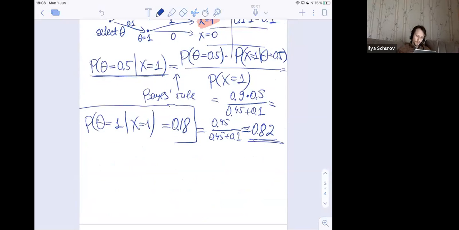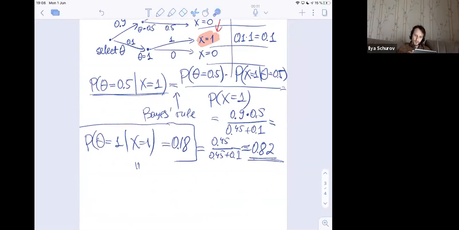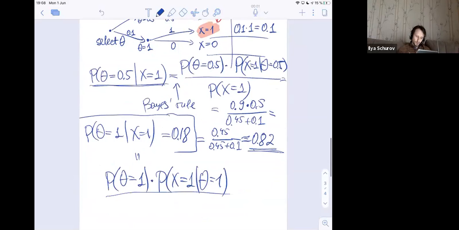I just have to replace this and this value. This is the probability that theta equals 1, the prior probability, times the probability to get our data provided that the parameter equals this value, divided by the probability that x equals 1. So I can just use this formula.